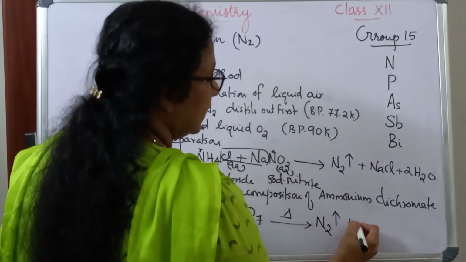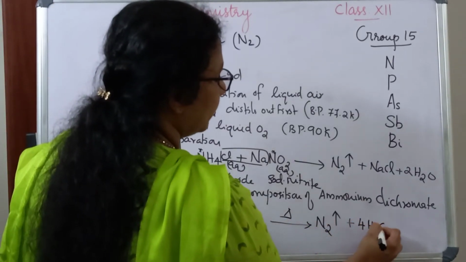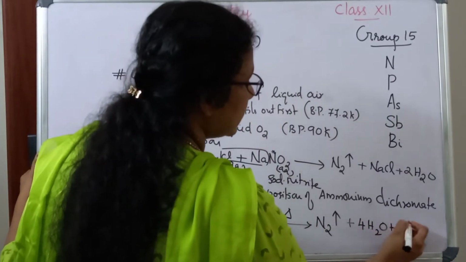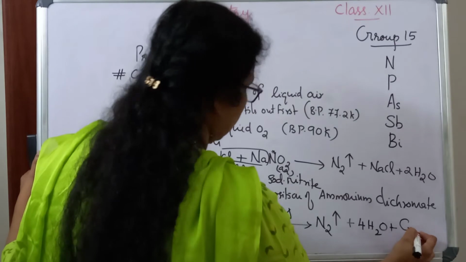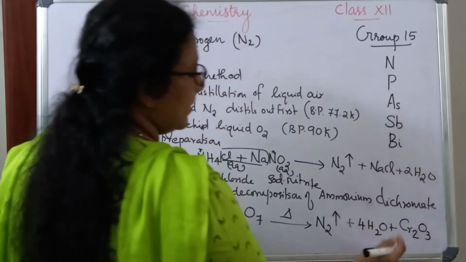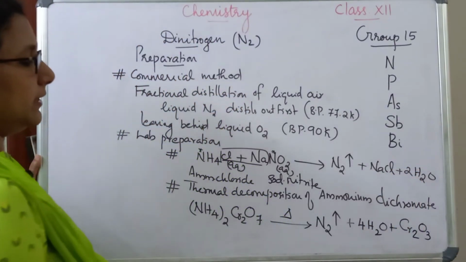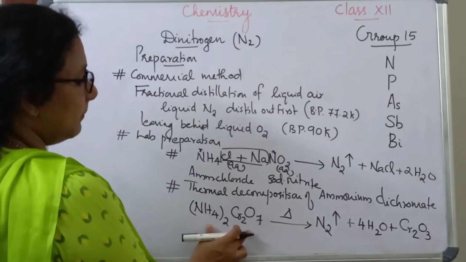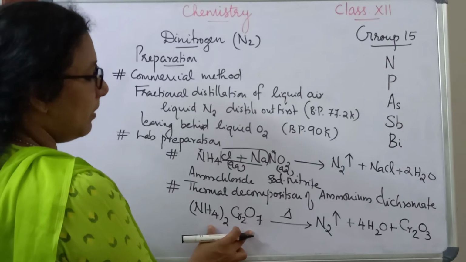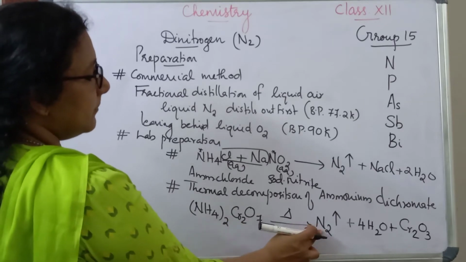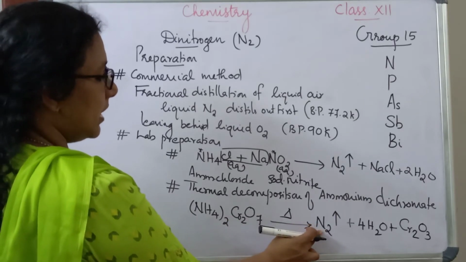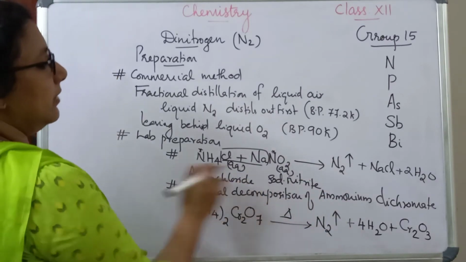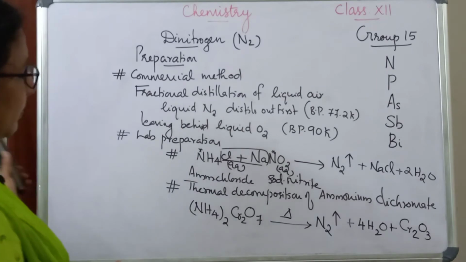So we can eliminate 4H2O, and the rest of the group will be Cr2O3. So Cr2O3 will be the byproduct. We can eliminate the maximum number of water molecules from this compound, and nitrogen is the main product, and we can easily write this equation, that is thermal decomposition of ammonium dichromate.